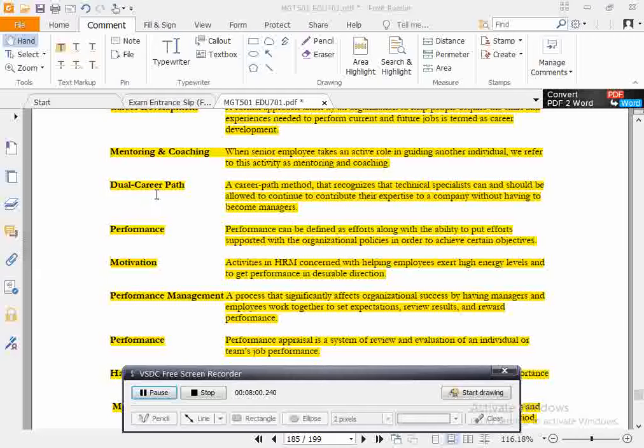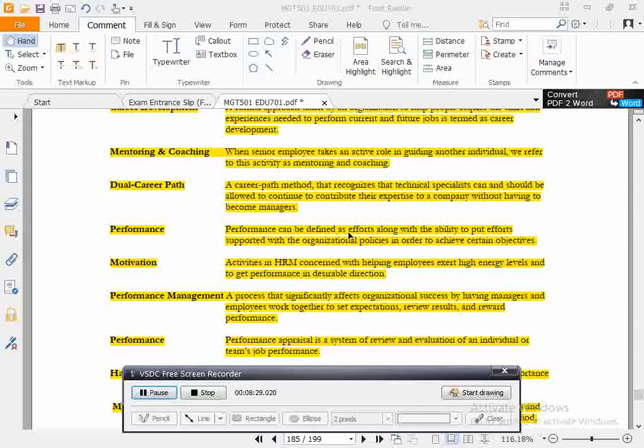Dual career path: a career path method which recognizes that technical specialists can and should be allowed to continue to contribute their expertise to a company without having to become managers.